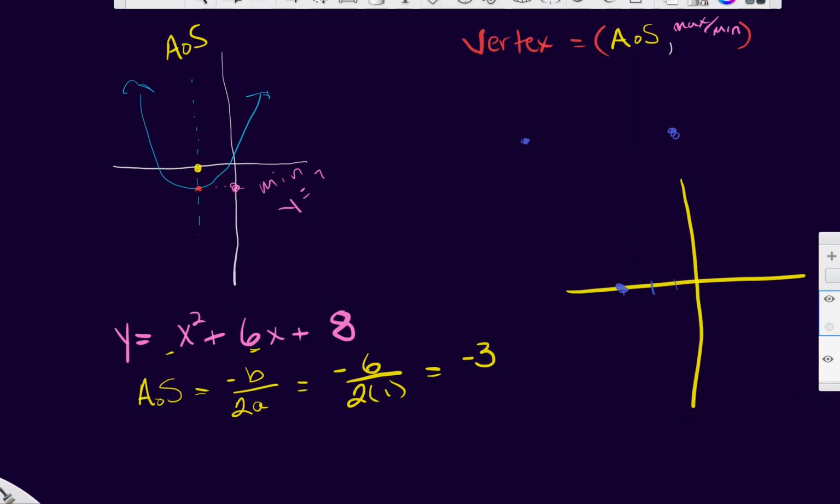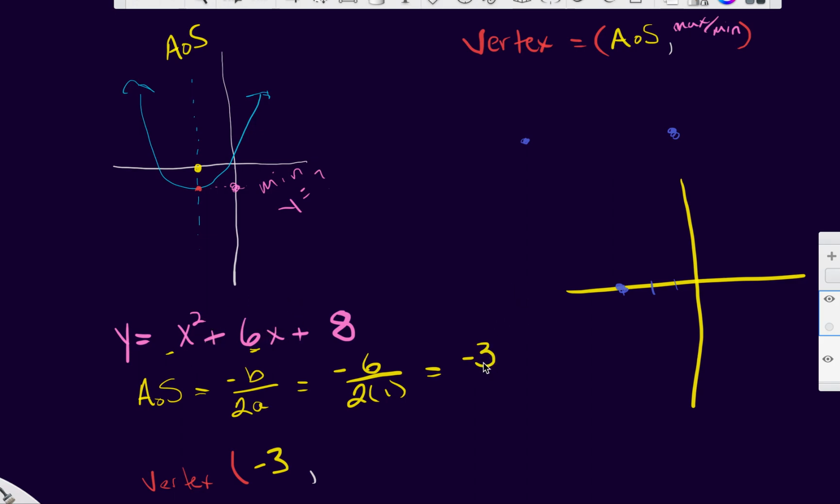So our next step, we eventually want our vertex. Well, we have our x value, that's negative 3. I'll change colors for you. Negative 3. Now, how do we find out what this max or min is? Well, you take this negative 3 and you input it for x, and that'll give you your answer.